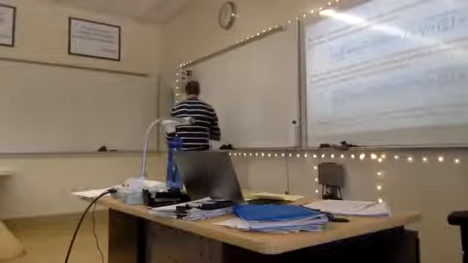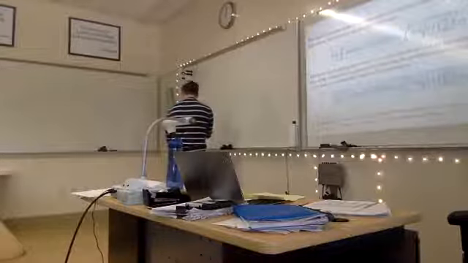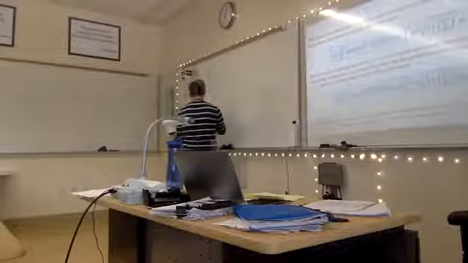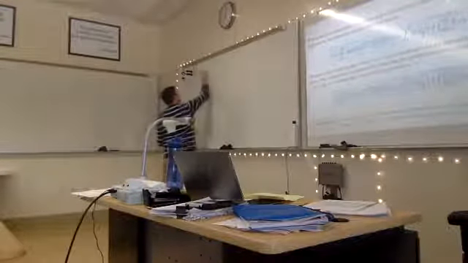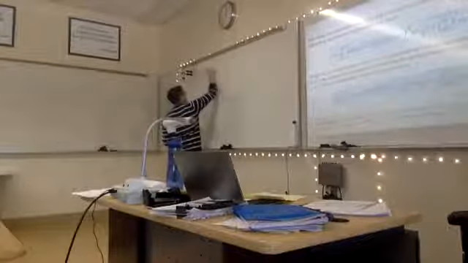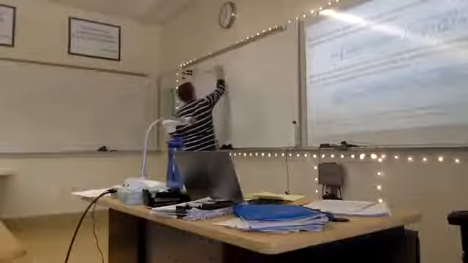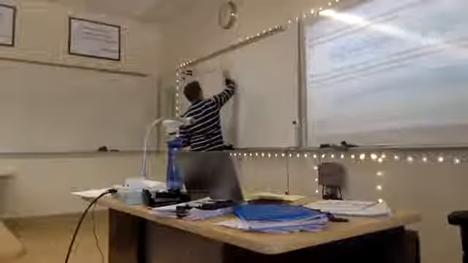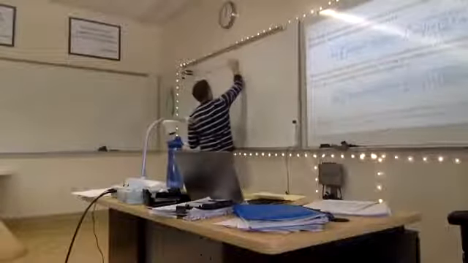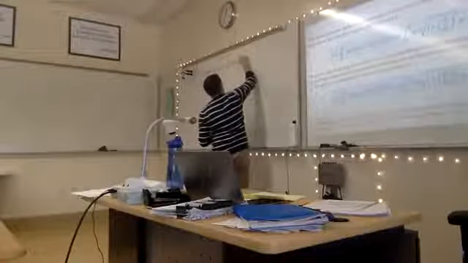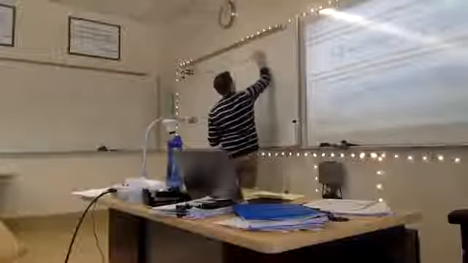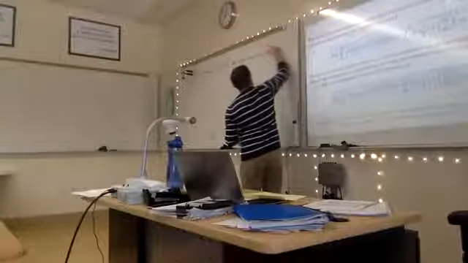So that said, can we derive that formula I was talking about? How would we go about deriving the formula for the surface area of a sphere with radius r?